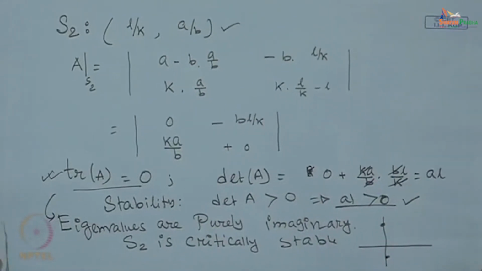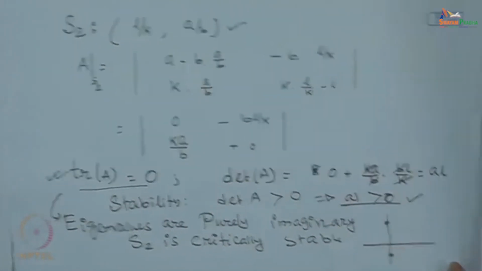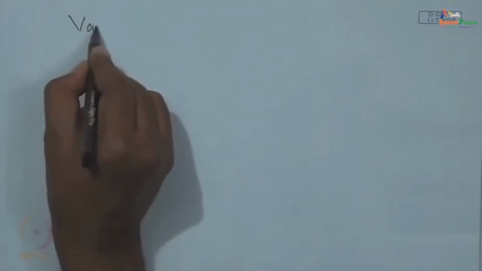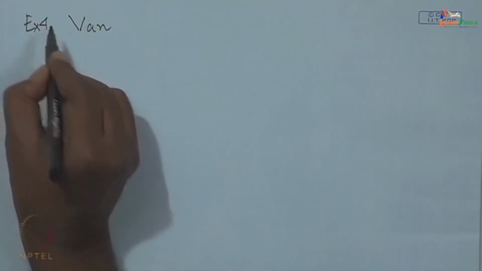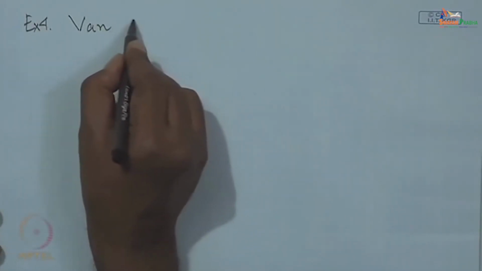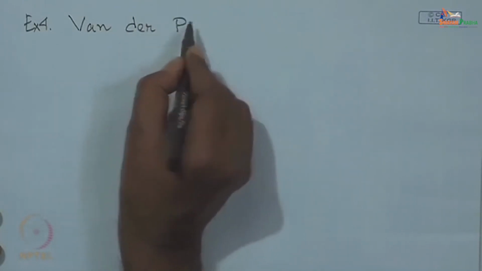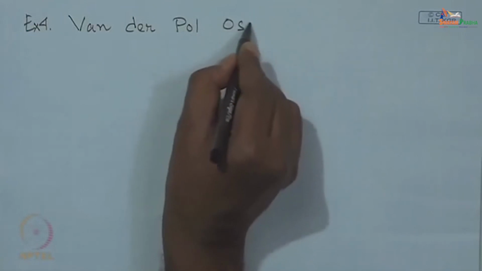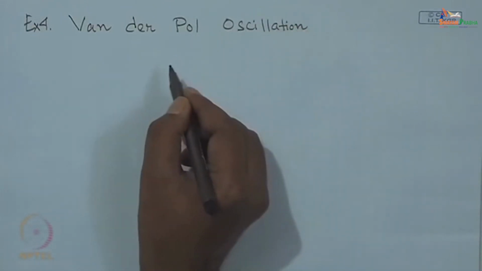Okay. The next example will be talking about something called van der Pol oscillation. That is example number 4. This is van der Pol oscillation.